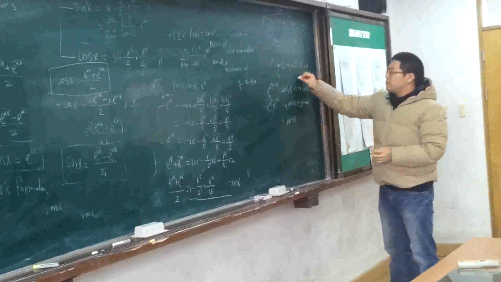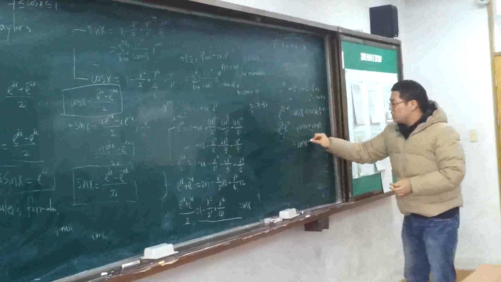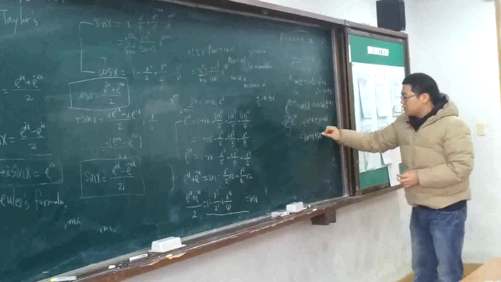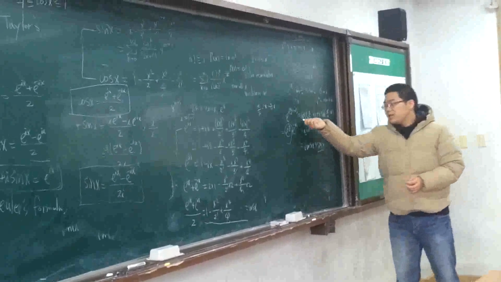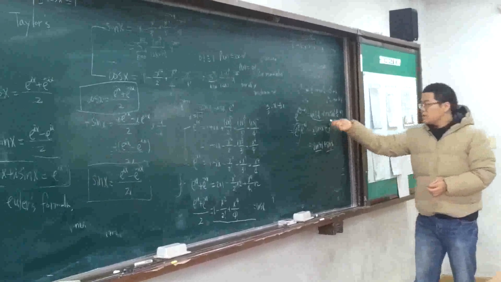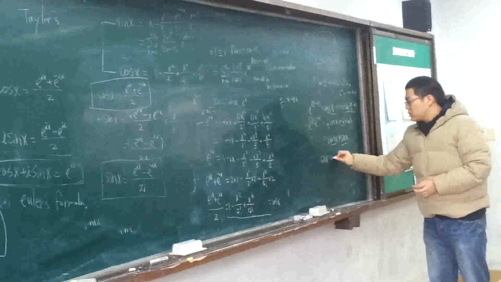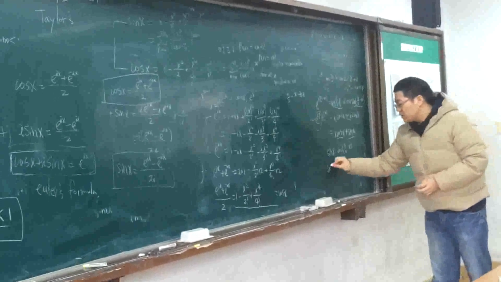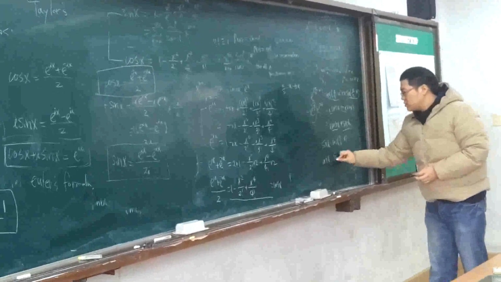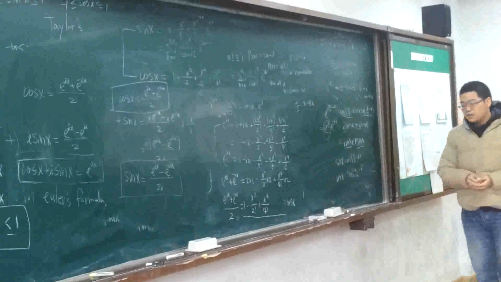Minus i squared equals 1, so plus sine x. If you compare the real part and imaginary part, then you can find cosine of pi over 2 minus x equals sine x, and sine of pi over 2 minus x equals cosine x, right?